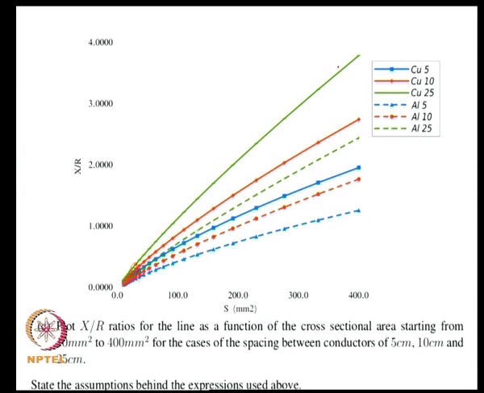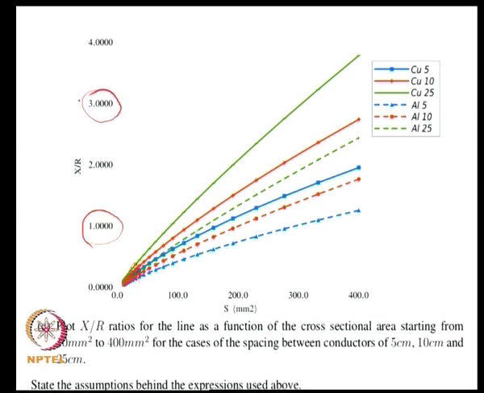But for many distribution systems, the cross sectional area may not be as large as for transmission systems, which means that compared to transmission systems, distribution systems may have x by r ratios closer to 1, whereas at higher power transmission, subtransmission, you might see higher x by r ratios for your conductor.